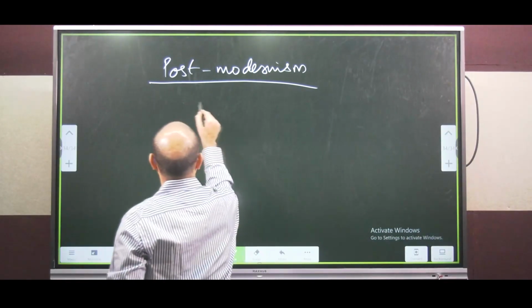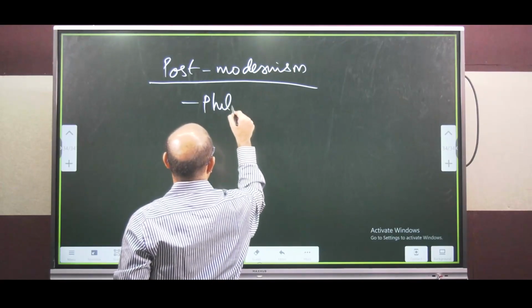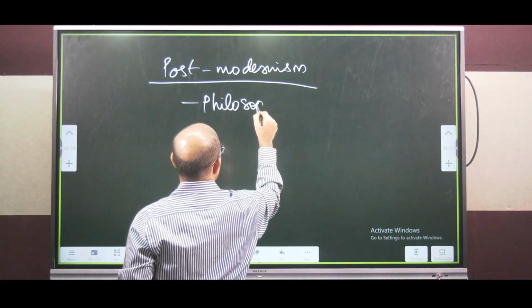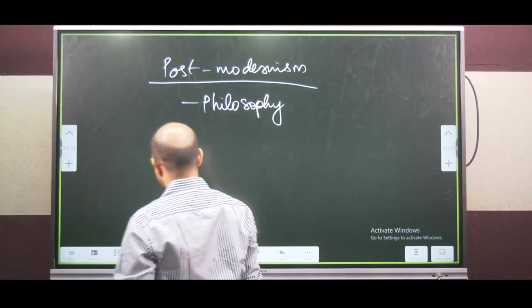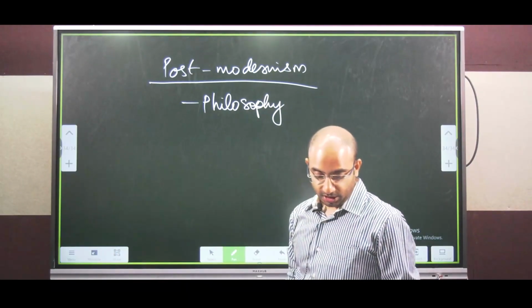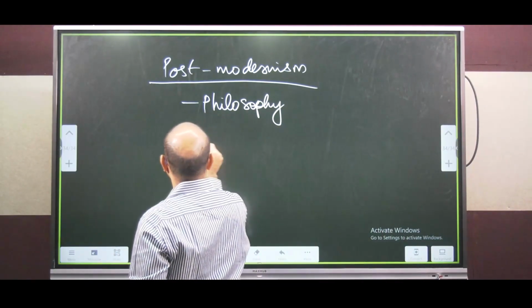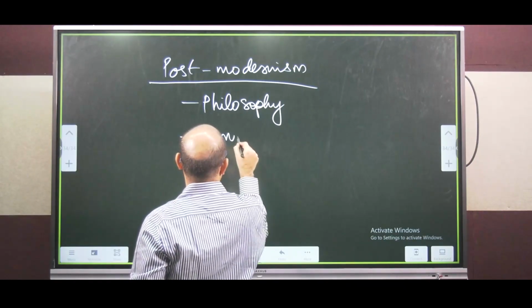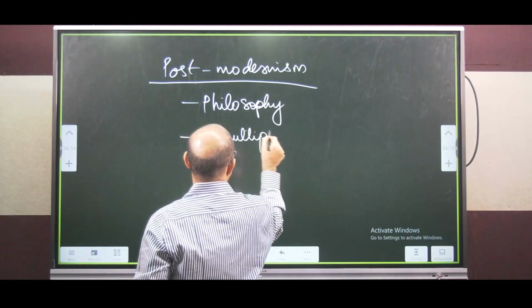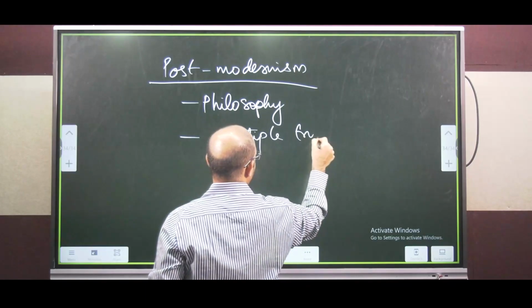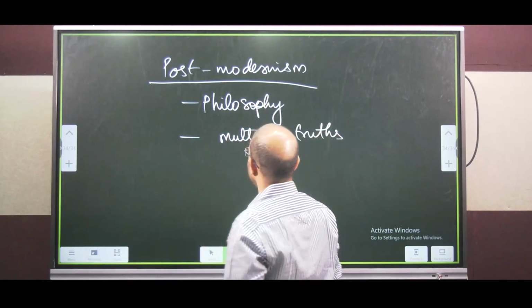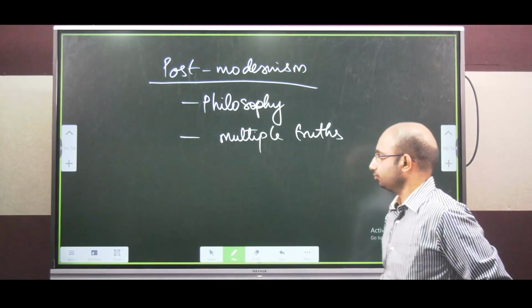First, it's an approach that evolved into anthropology from philosophy. It is not an approach that is native to anthropology. And postmodernism essentially believes that we have multiple truths. It's an ideology which believes that we have multiple truths rather than a single truth.